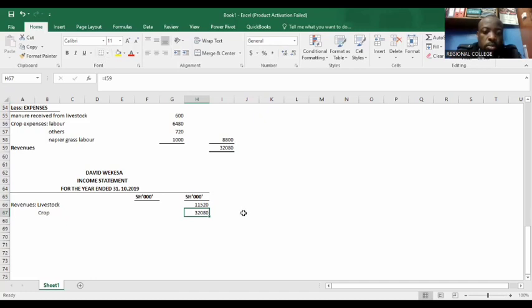And you get their total. So those are our total revenues. Then try to check if there are some incomes which are generalized, something like discount received. That is generalized.